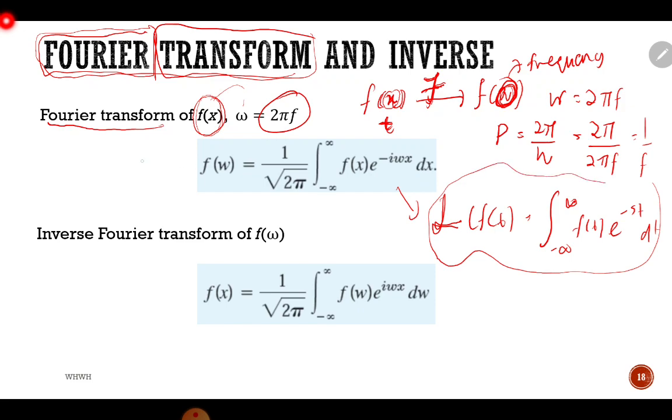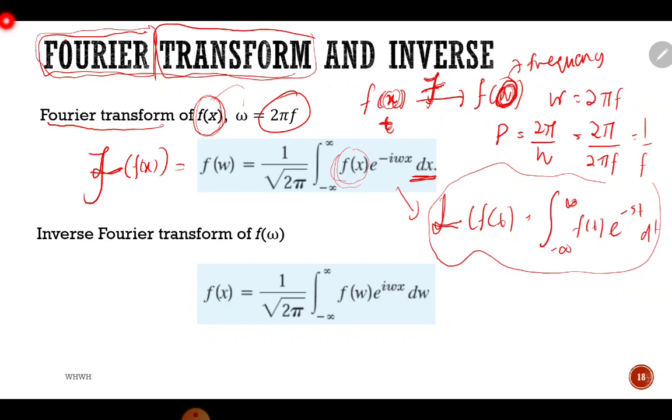For Fourier, the Fourier transform of f(x), which gives you F(omega), has the formula equal to 1 over square root of 2 pi, integration from negative infinity to infinity of f(x), the function given to you that you want to change into F(omega), multiplied with e to the power of minus i omega x, and you integrate with respect to dx.